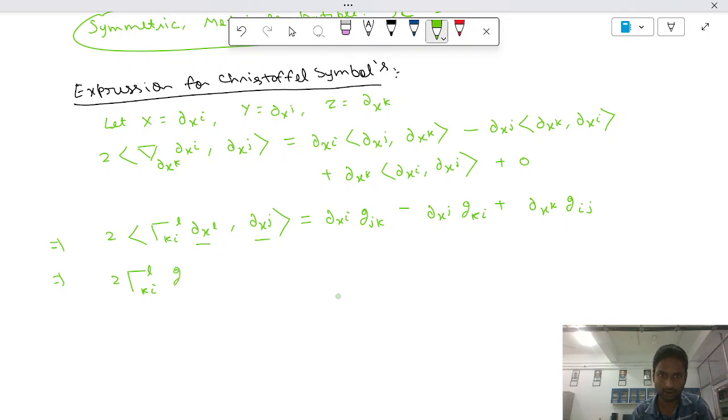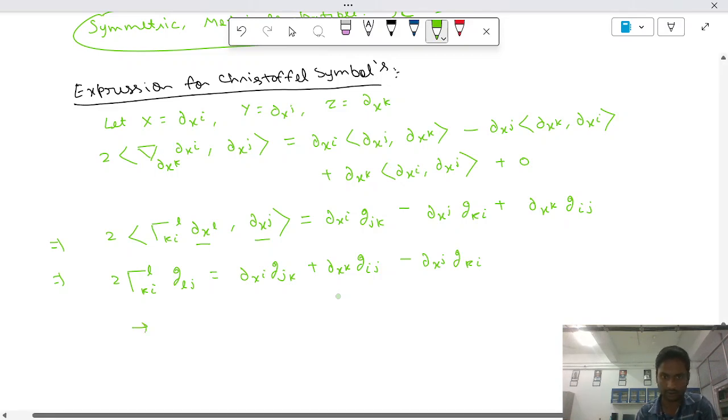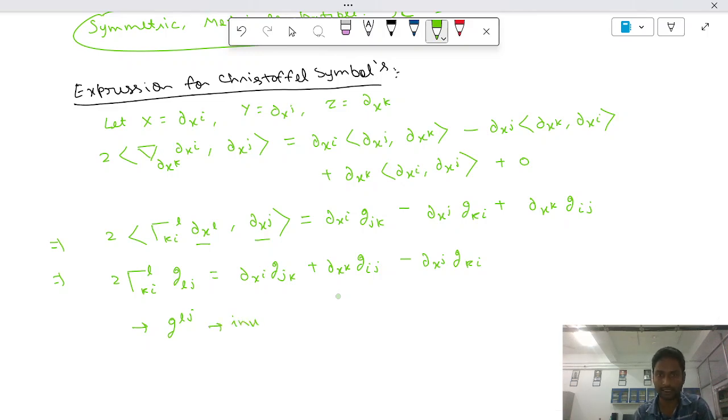That will be g_Lj. And on the right hand side, you have the same thing, g_jk, plus, I'm writing this term first, del x_k g_ij minus del x_j g_ki. Now, this is your g_Lj. If I write it, this is nothing but the inverse metric.